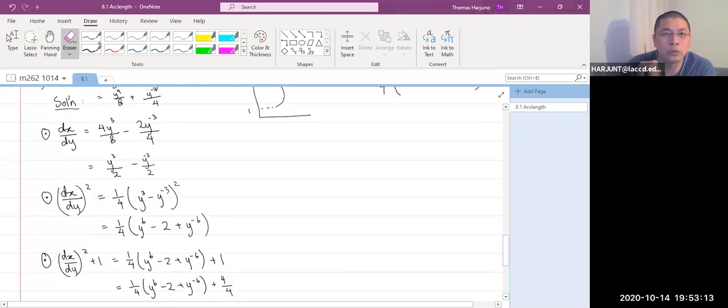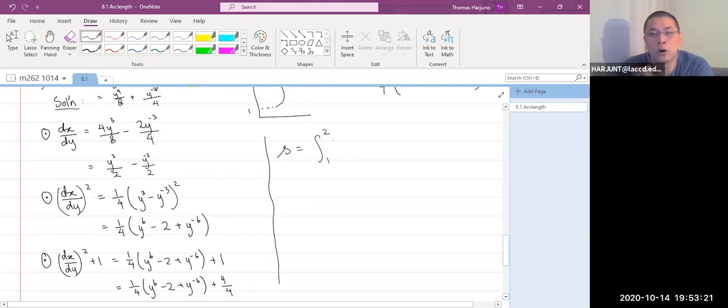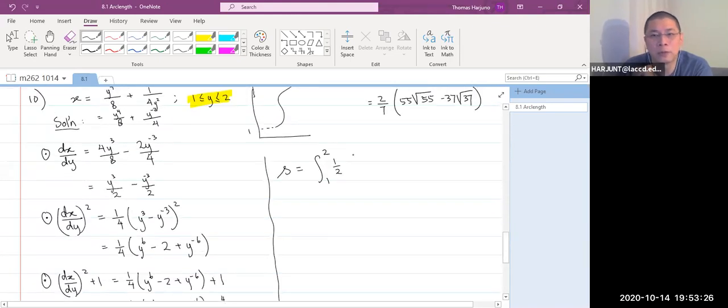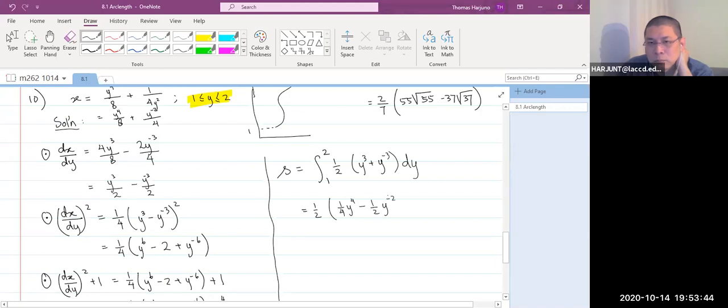Now we go to the integral. So the arc length is now the integral from 1 to 2 of 1/2, is it 1/2? Yeah, 1/2 times y cubed plus y to the negative 3 dy. One to two.